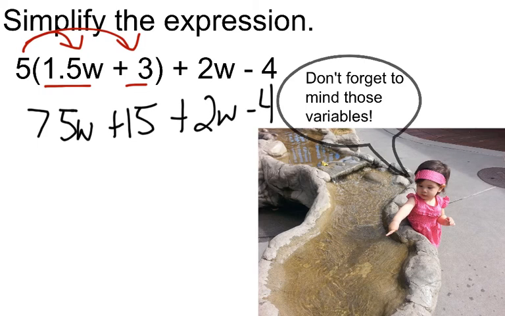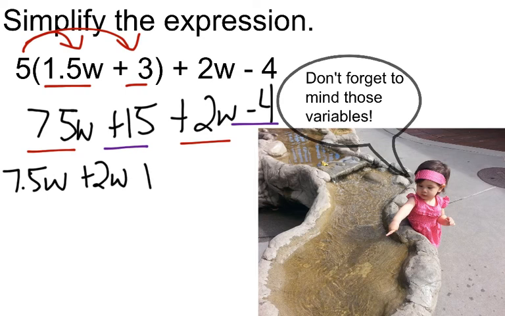Now I can, of course, use the commutative property to rewrite, combining like terms. So that gives me 7.5W plus 2W plus 15 minus 4.